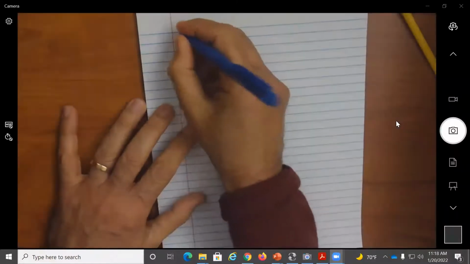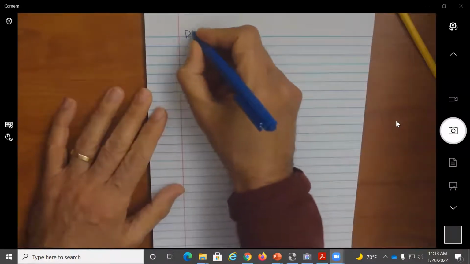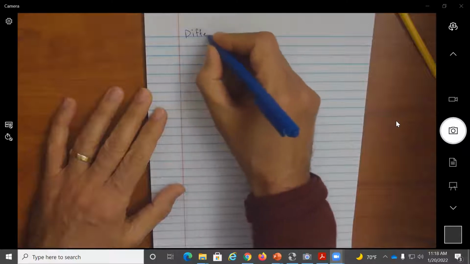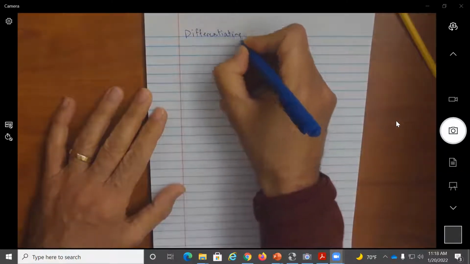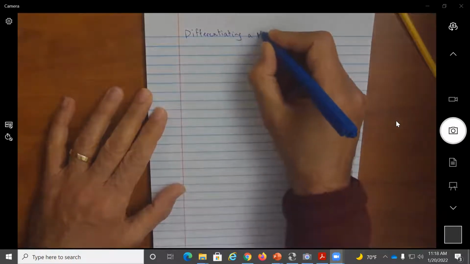So before I get into determinants, I would like to go over differentiating a matrix.